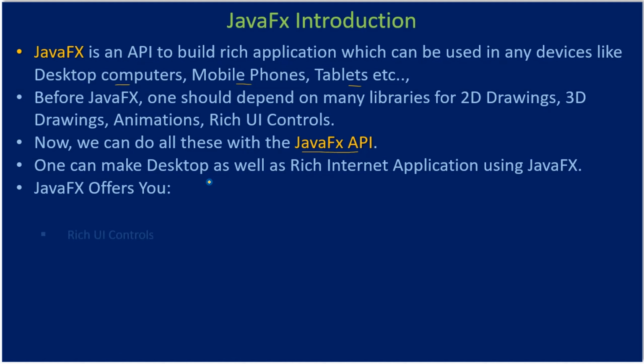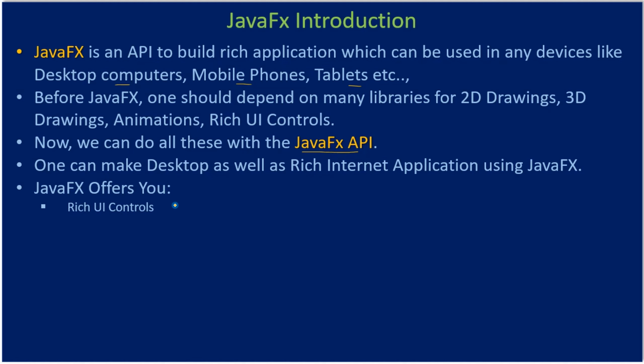JavaFX offers you rich UI controls. That means in the Java SDK, you can create a text box from AWT, the Abstract Windowing Toolkit, or you can create the same text box in Java Swing as well.